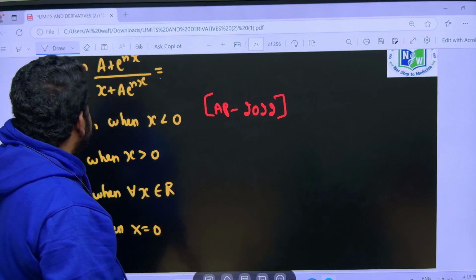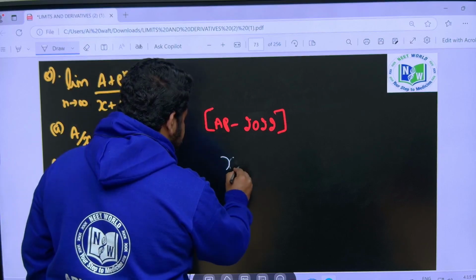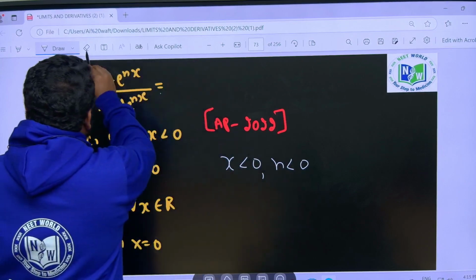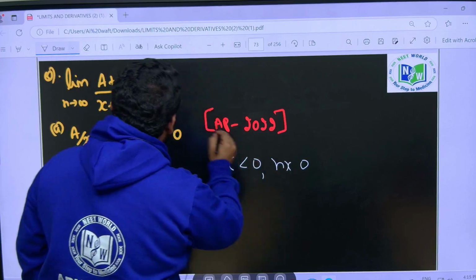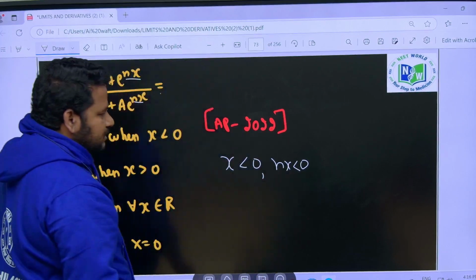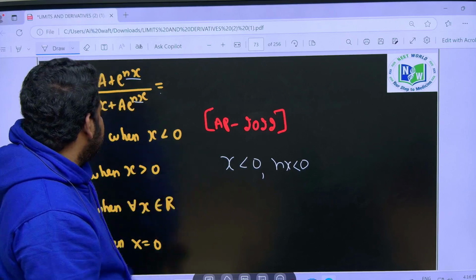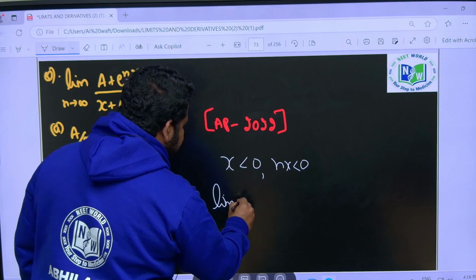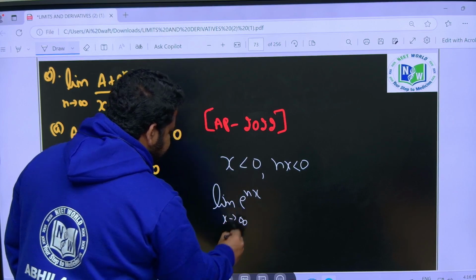So here, let us consider x less than 0. Then nx will also be less than 0, right? If x is less than 0, then n into x will also be less than 0. That is what is given in the power nx. So what will happen to the limit of e^(nx)?